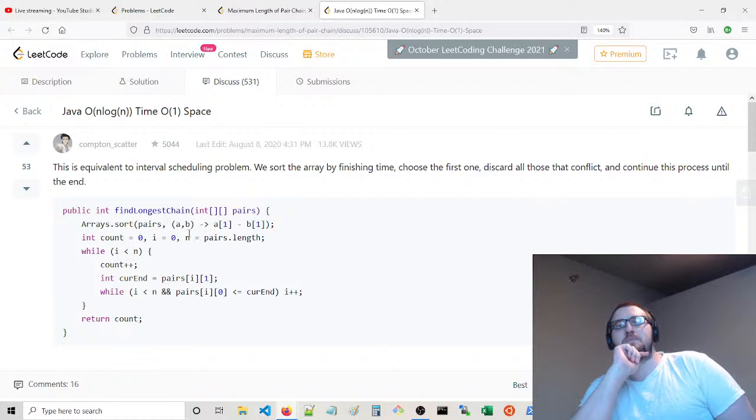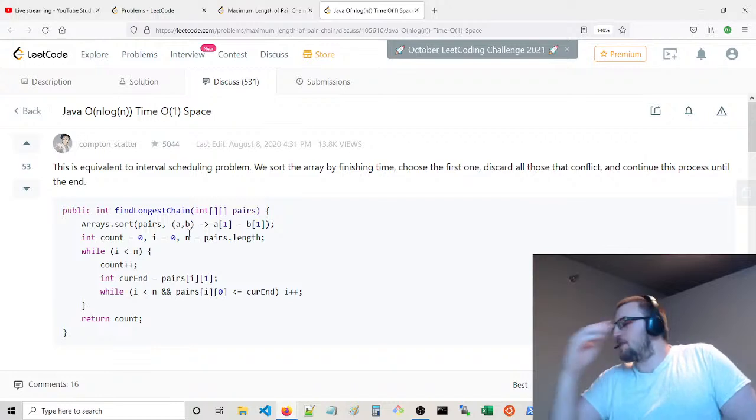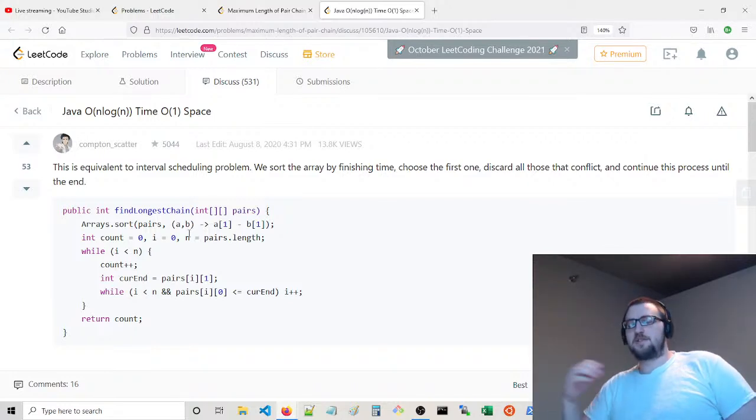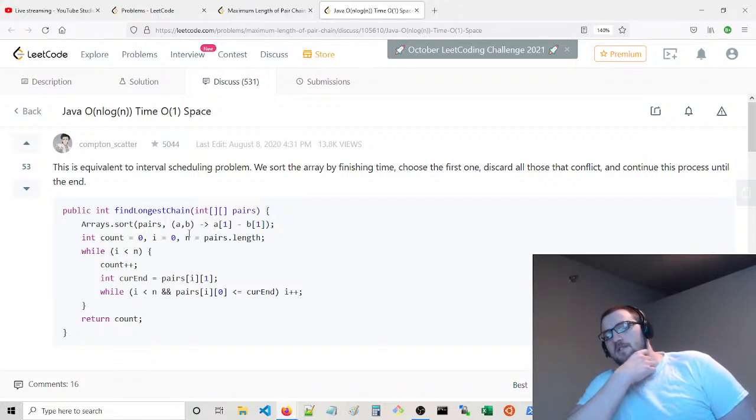However, it could be that we don't minimize our ending value for the n minus 1. So I think the way to prove it is that at each step, let's say k less than n, we'll end up with a sequence of k disjoint intervals.